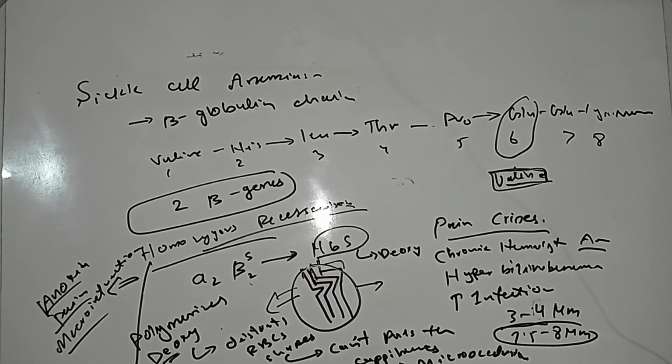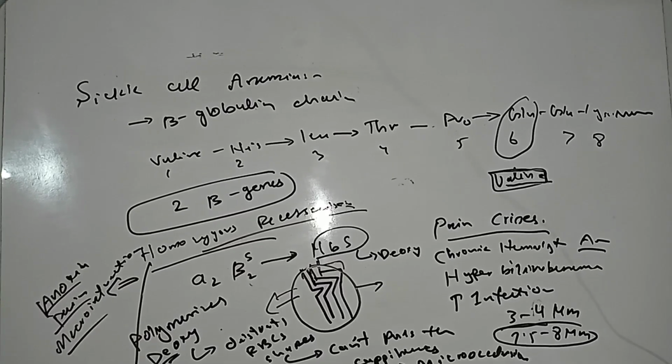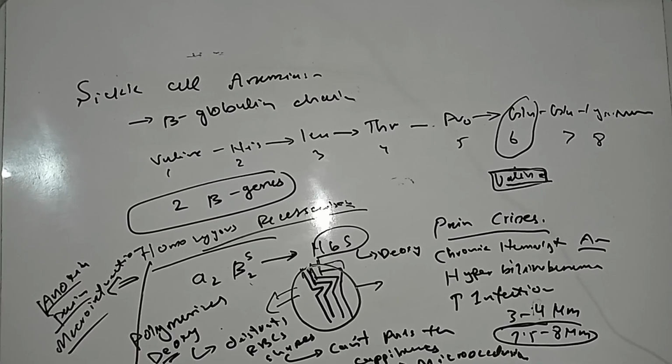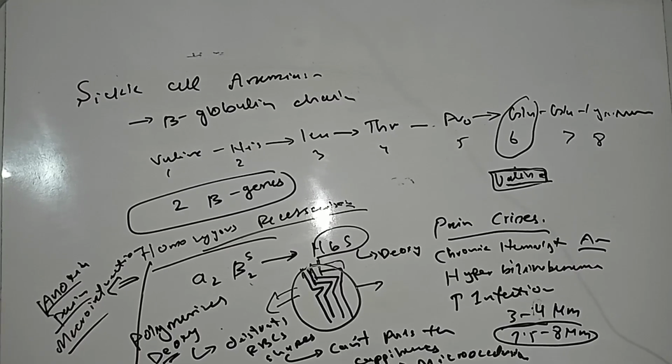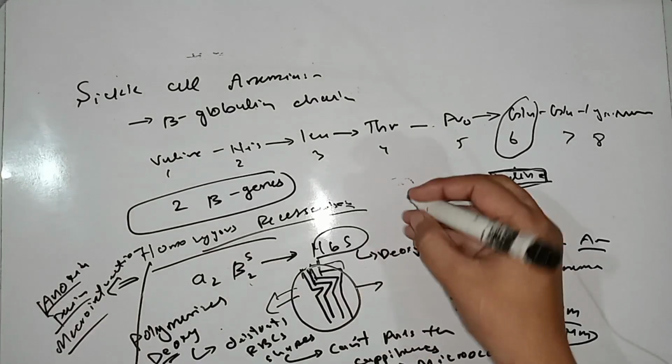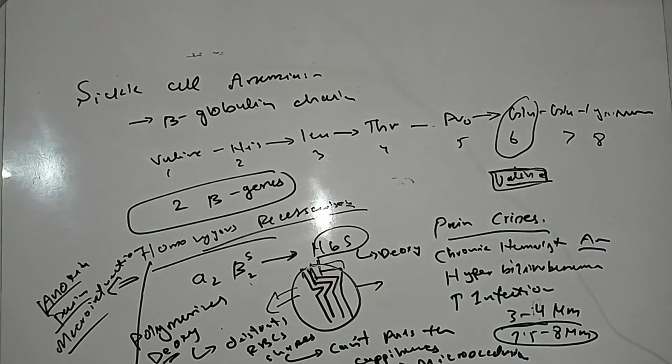We should be knowing the different factors which can induce sickling. Any factor which increases the deoxy state of HbS will increase the sickling.